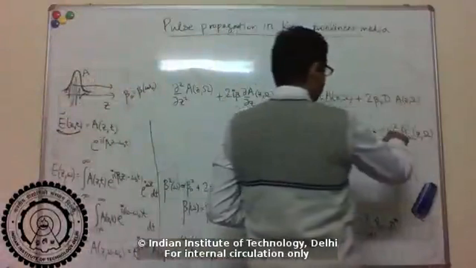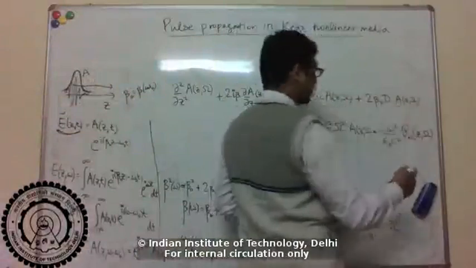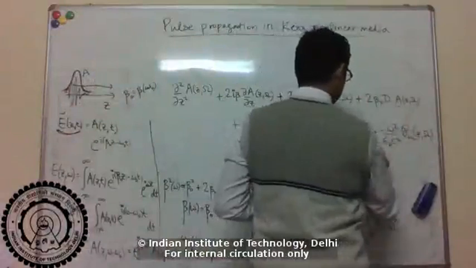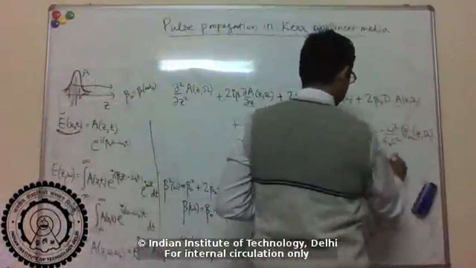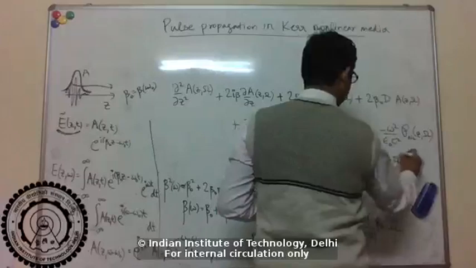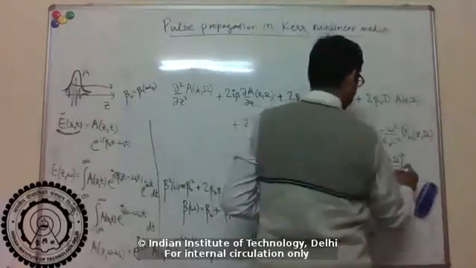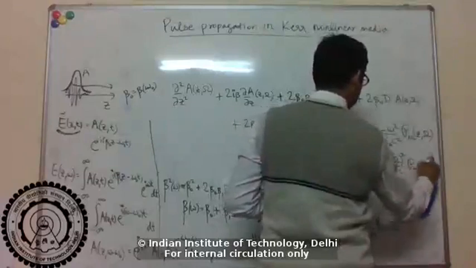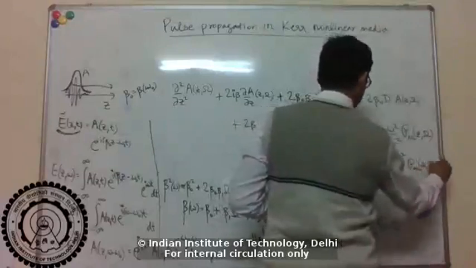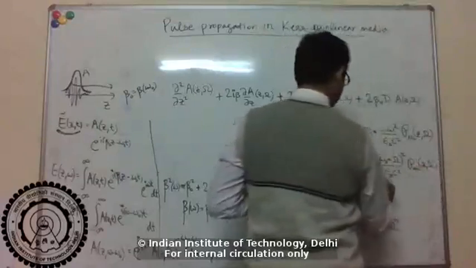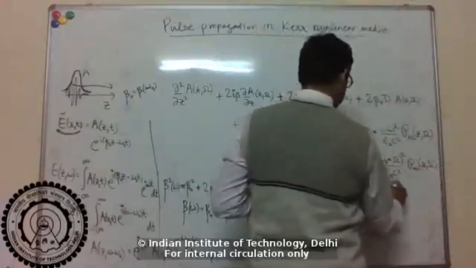So remember this capital omega is omega minus omega naught. So omega is just omega naught plus this capital omega, right? And then I take omega naught square common out here.